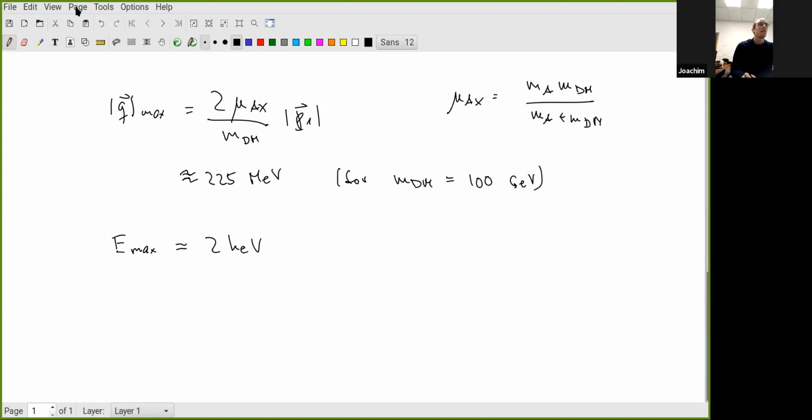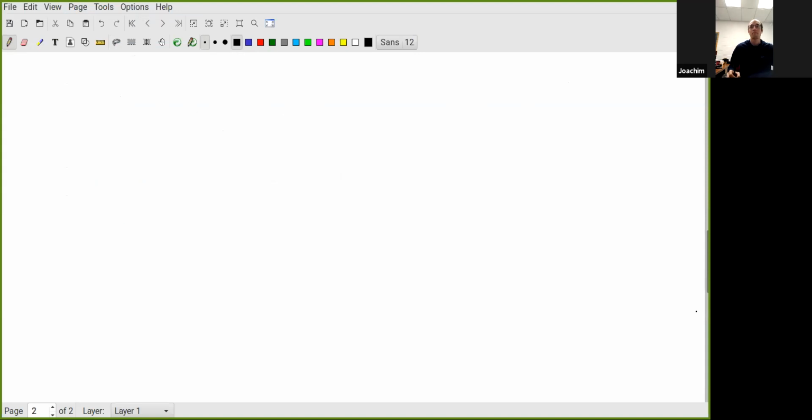So that's a good point to continue. Now, in order to actually do a calculation, we need some model, so let's write down a model. I just give you the Lagrangian. I'm not writing the usual kinetic pieces, just the interaction terms.